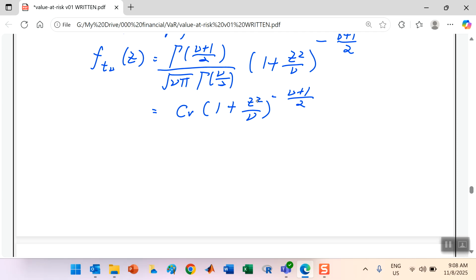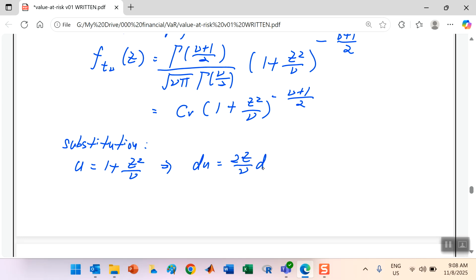So let's say we substitute u. Substitution. Let's say I have u equal to 1 + z²/μ. If I differentiate this with respect to z, du/dz will be 2z/μ.